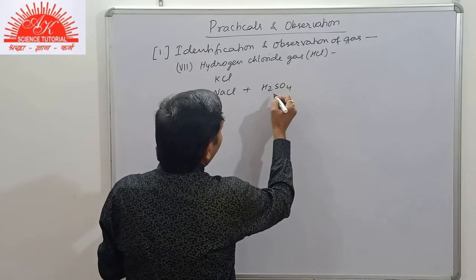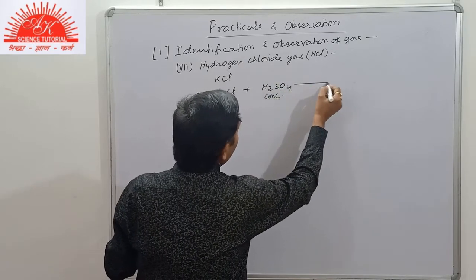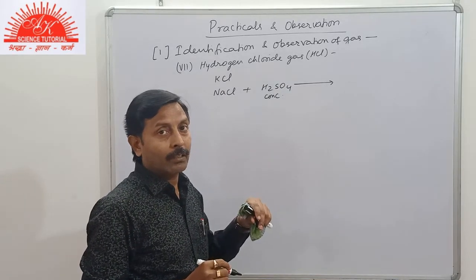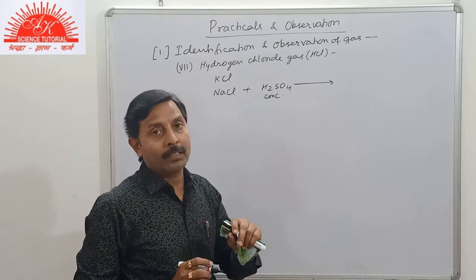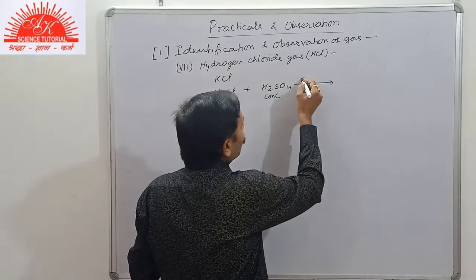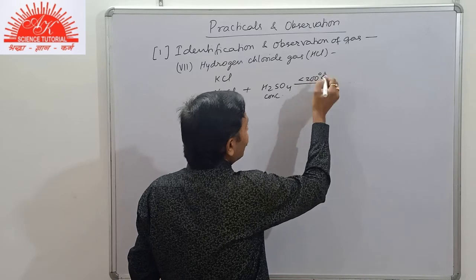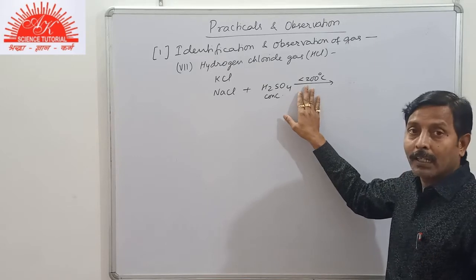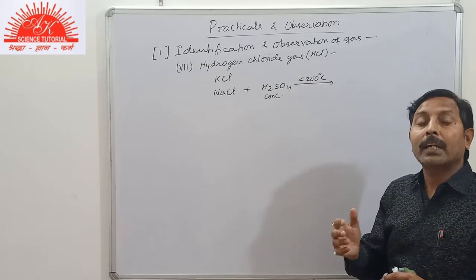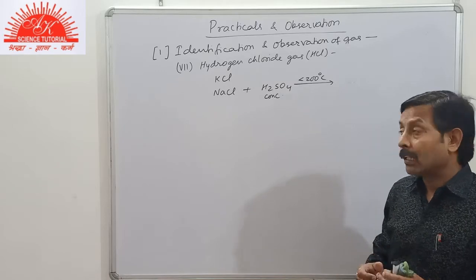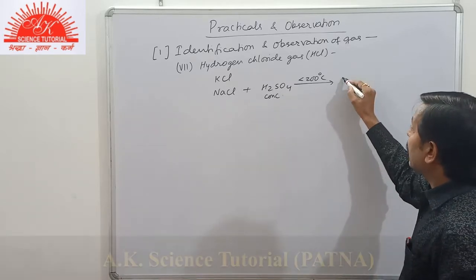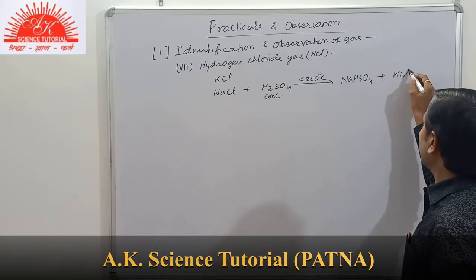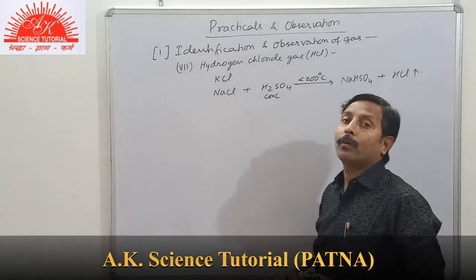You must remember here concentrated sulfuric acid will be used, which is less volatile in nature, means having higher boiling point. As a result, when it is heated at a temperature less than 200 degrees Celsius, actually the temperature is kept regulated because at higher temperature the reaction will not favor us. Like you see, in this case it gives this type of salt plus HCl. Now the HCl gas is evolved.